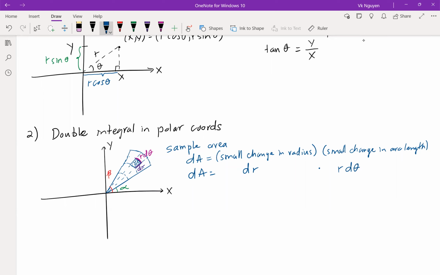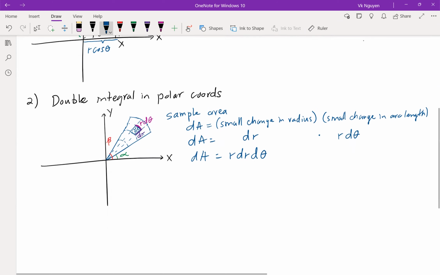The small change in radius is either the length or the width of this very small sample area. A lot of people would write dA as r dr d theta.